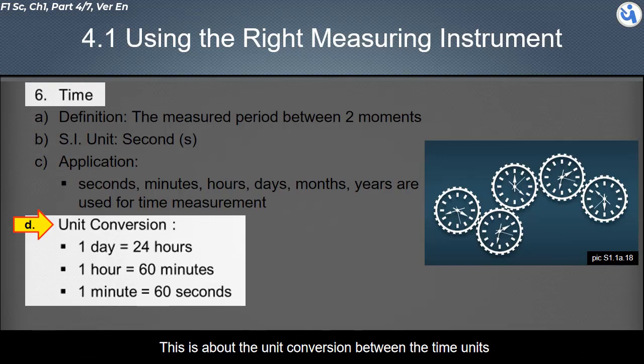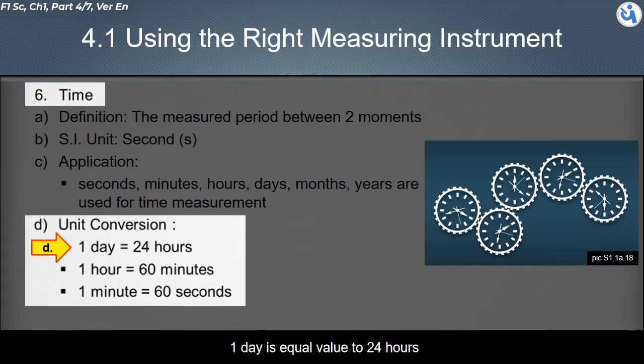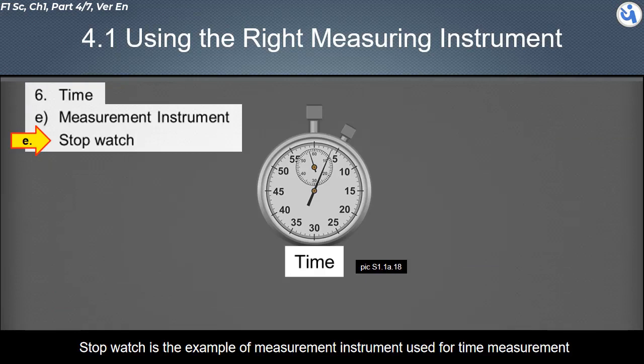This is about the unit conversion between the time units. 1 day is equal in value to 24 hours. 1 hour is equal in value to 60 minutes. 1 minute is equal in value to 60 seconds. Stopwatch is the example of measurement instrument used for time measurement.